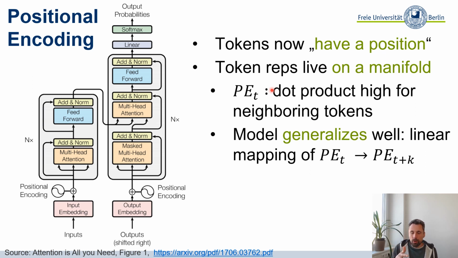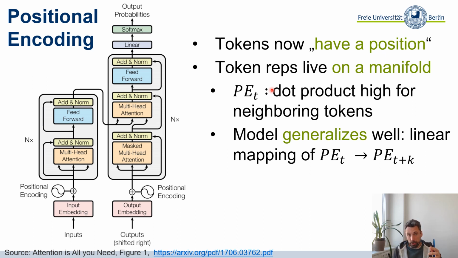So if those matrices WQ, WK, and WV don't do anything and just learn the identity, the dot product will be high. So the positional encoding implicitly creates this local attention.